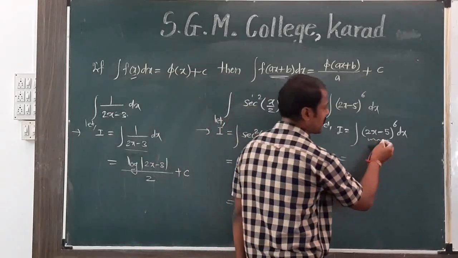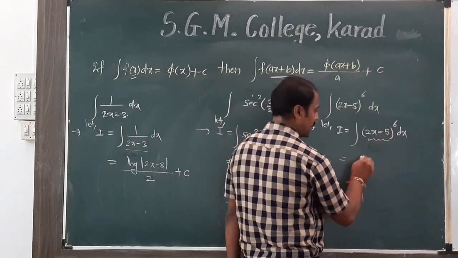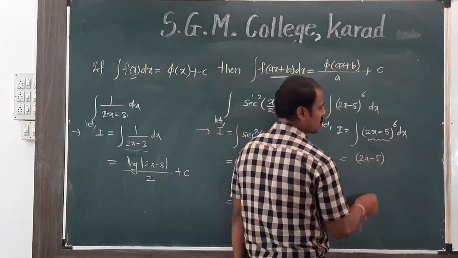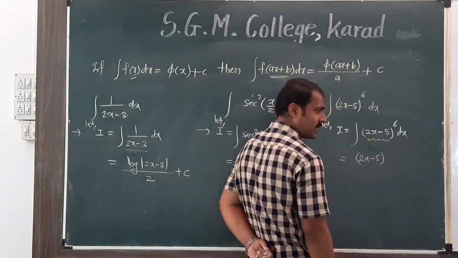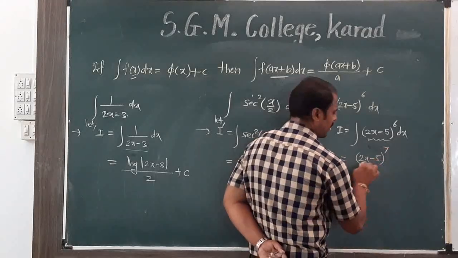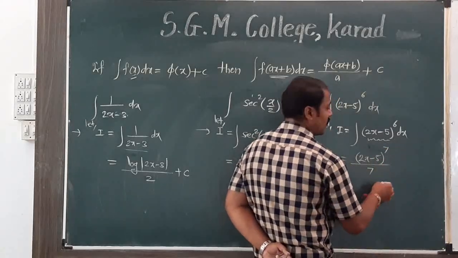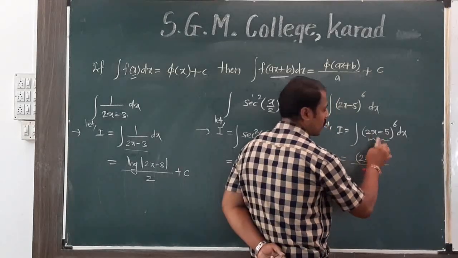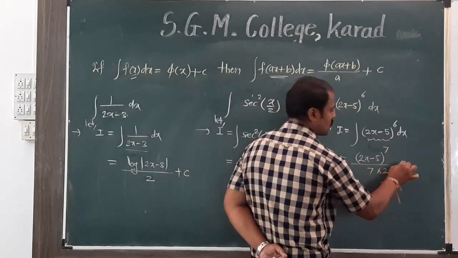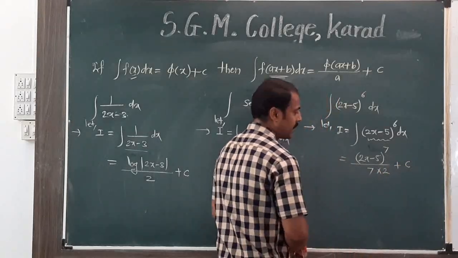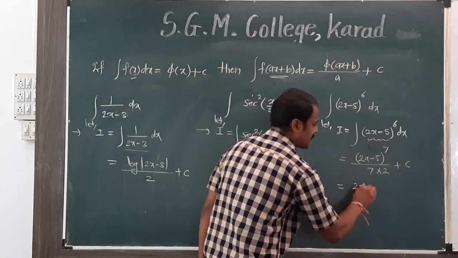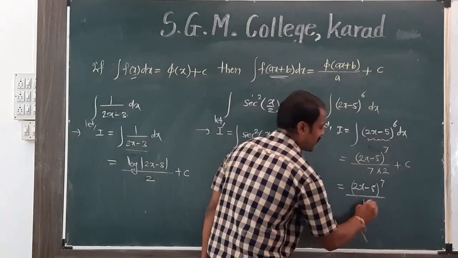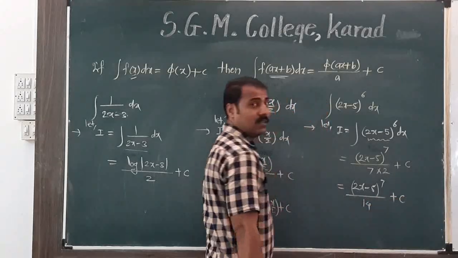So integration of 2x minus 5 bracket raised to 6 becomes 2x minus 5 bracket raised to 6 plus 1, that is 7, divided by the same power 7, into the coefficient of x, that is 2, plus c. Which can be written as 2x minus 5 bracket raised to 7, divided by 7 twos are 14, plus constant of integration c.